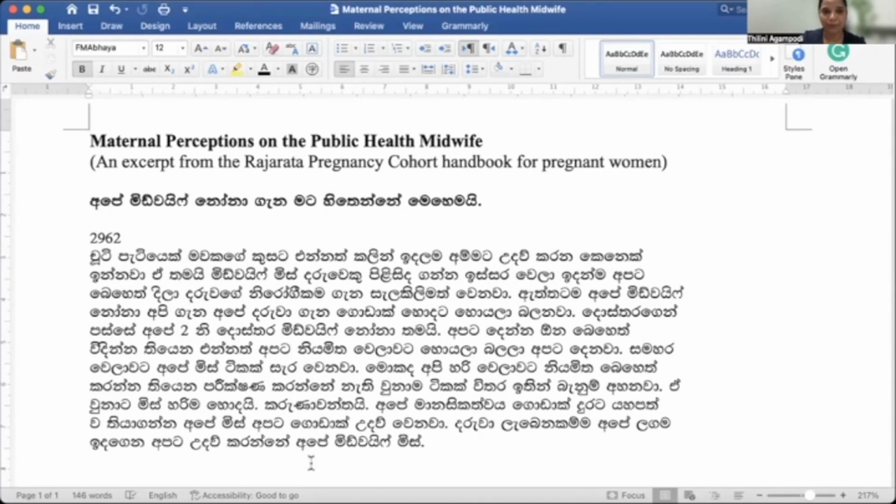Can you go through this description and find me the first code you get, and maybe find the consequent codes? So the objective is mothers' perceptions on the midwife.